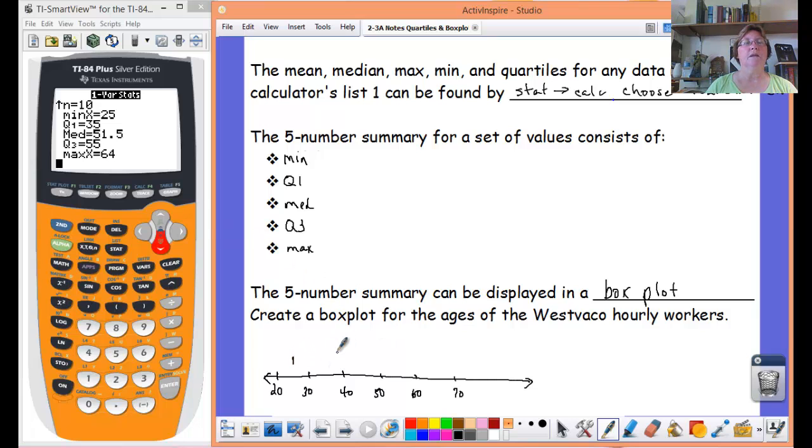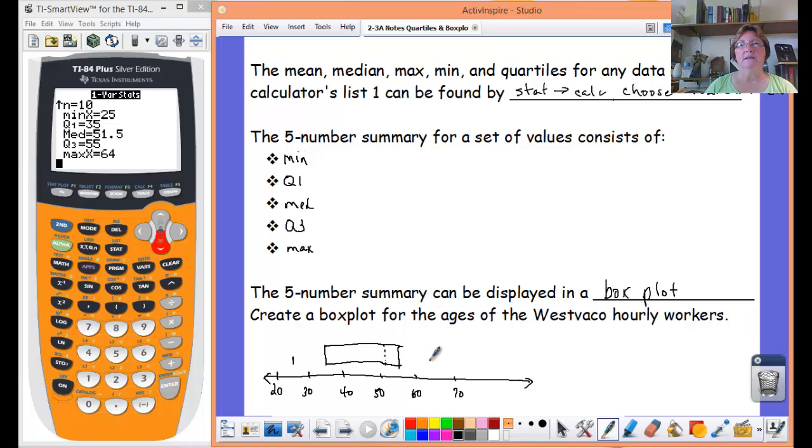That's a whisker. The low end of the box is at 35. The median is 51 and a half. Some people do a dashed line. I do just for emphasis. The third quartile is 55. That's the top of the box.